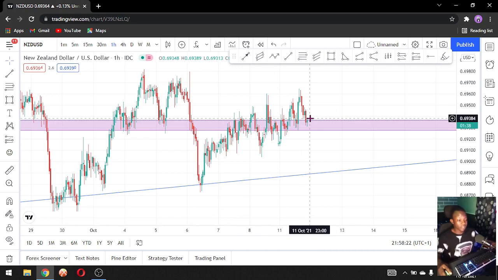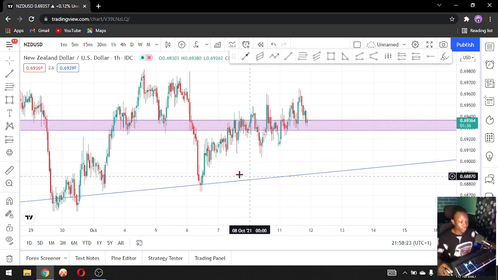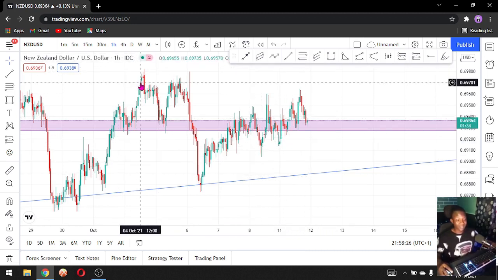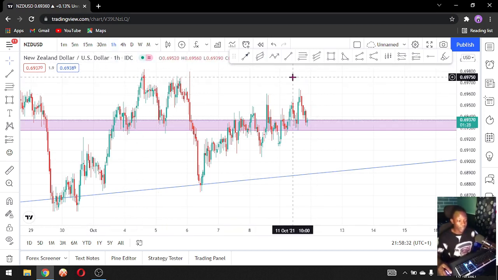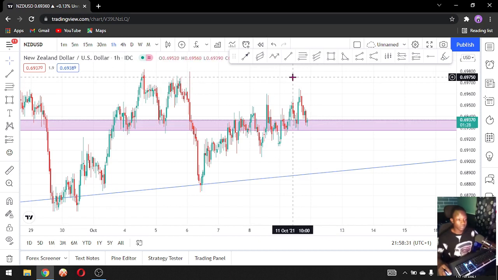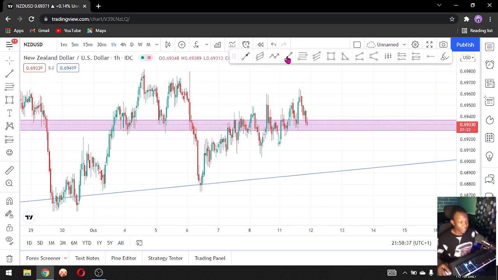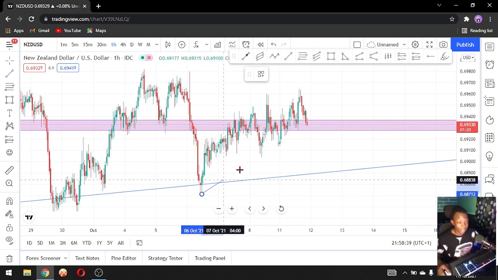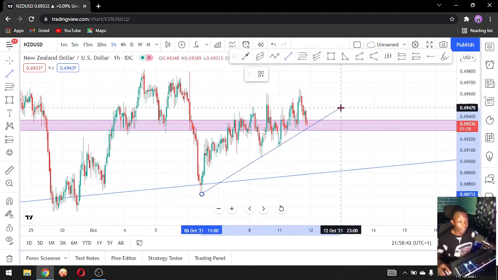I don't take trading decisions based on price action of a chart less than 15 minutes. That is why we drew our trend lines and support zone on the daily time frame before scaling down to a lower time frame. The 1-hour chart is good, and the 4-hour chart is more meaningful, and the daily chart is even better. So we have another bullish trend line here on the 1-hour time frame.